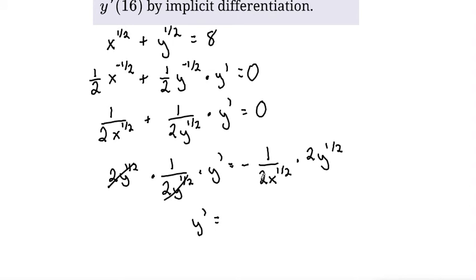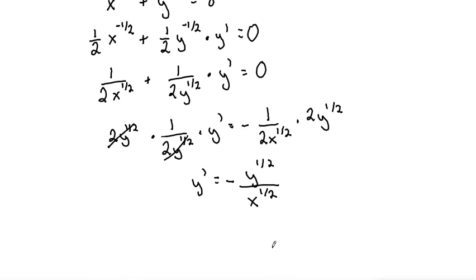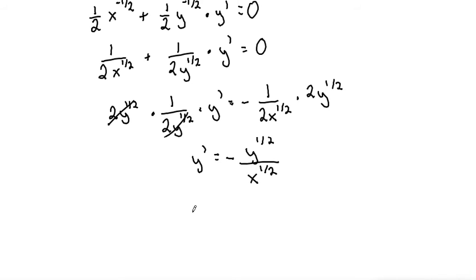The 2 on top and the 2 on bottom will cancel and will leave us with negative y to the power of 1/2 over x to the power of 1/2, which can also be written as square roots. So let's do that. Y prime is equal to negative root y over root x.